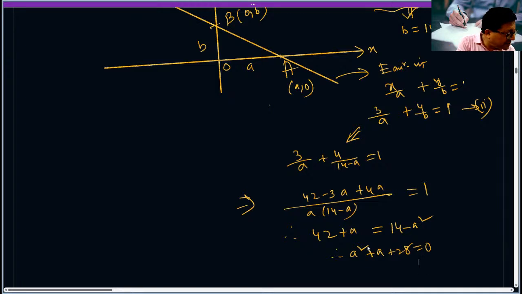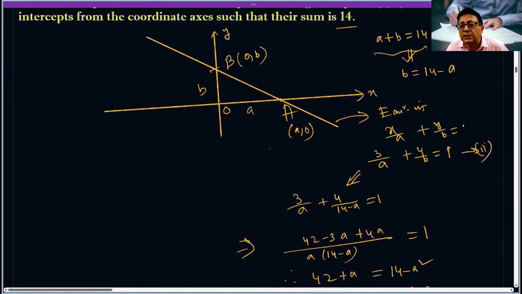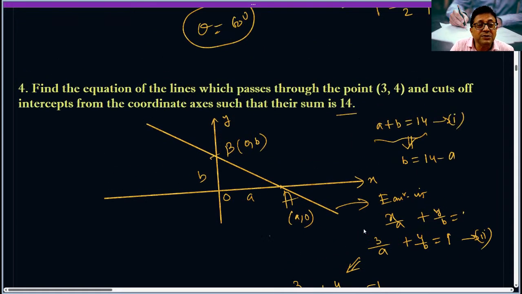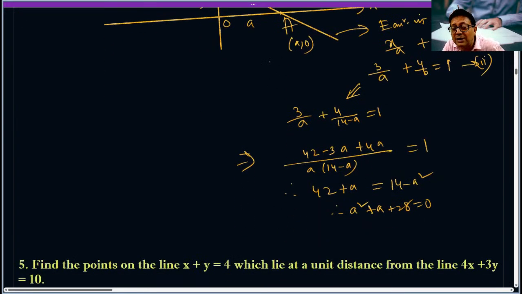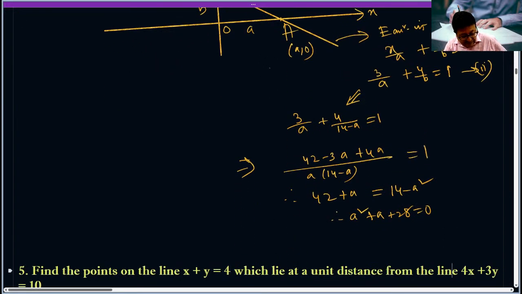Change the side. Just let me check from the textbook. Same thing. If it is with B, then it will be with A also. Cuts off intercepts from coordinate axes such that the sum is 14.